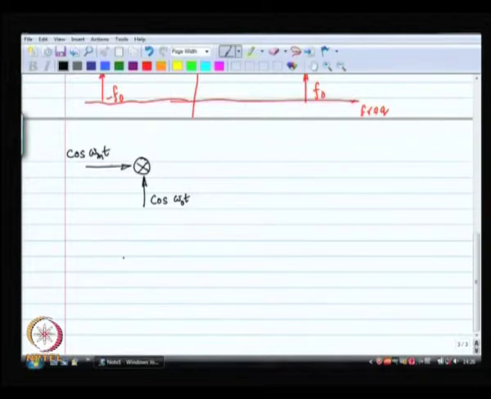Okay. When I multiply the two, I get cos omega m t times cos omega 0 t, right, and I presume you are abreast with your trigonometry, and you can split a product of two cosines into a sum of two cosines. Cos A times cos B is half of cosine A plus B plus cosine A minus B. Am I right?